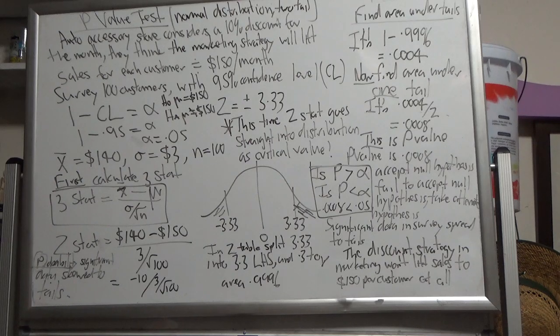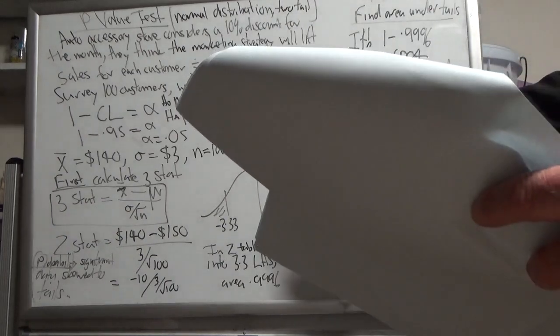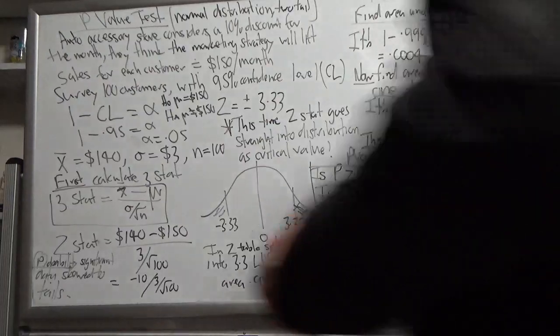I just set it H0 equals 150 actually, and H1 mu is not equal to 150. Sorry about that. So you set your hypothesis, which is H0. I'll just write it in.